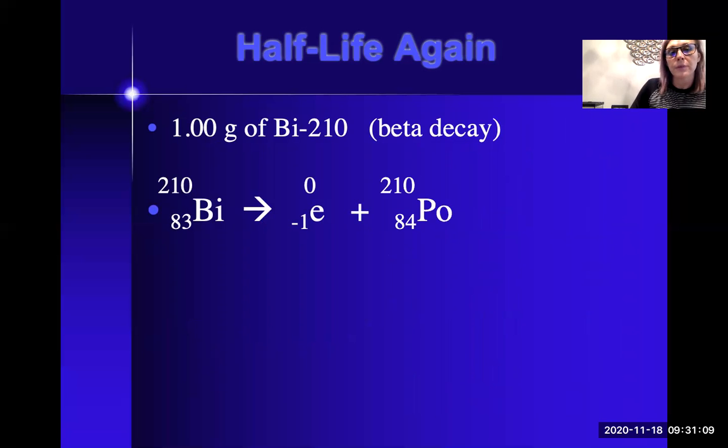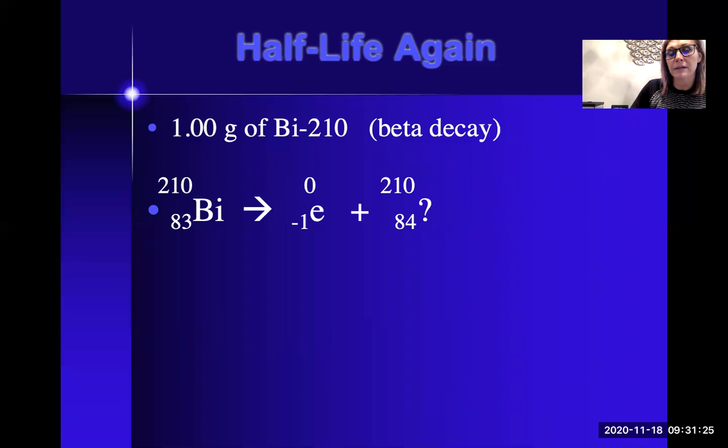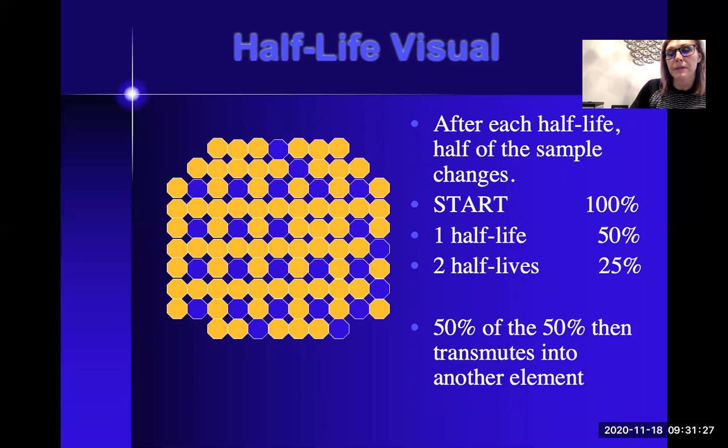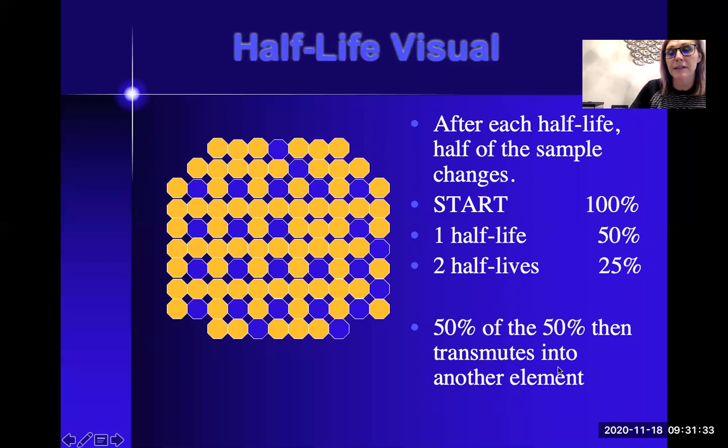Okay, so if we were doing the half-life, if you had 0.5 grams, half of that, and it would be day 5. So remember, on that first chart you had, I'm going kind of back, but that first chart, bismuth, it takes 5 days for its half-life.